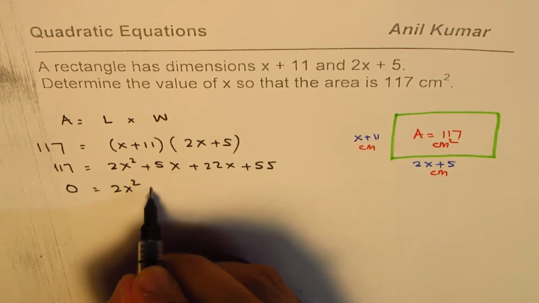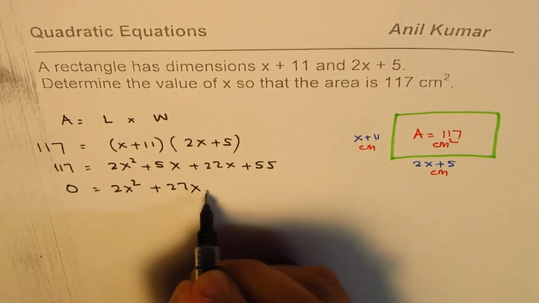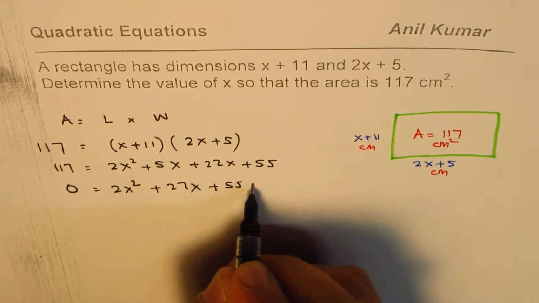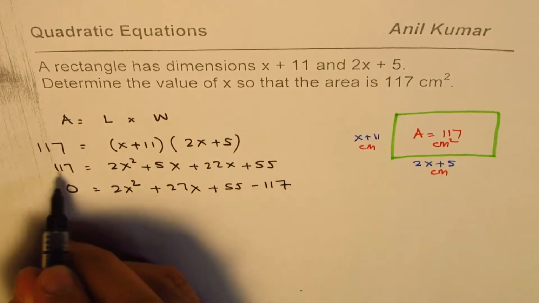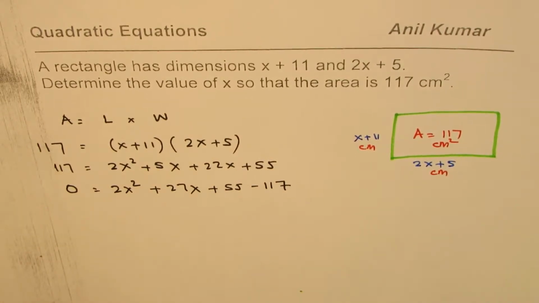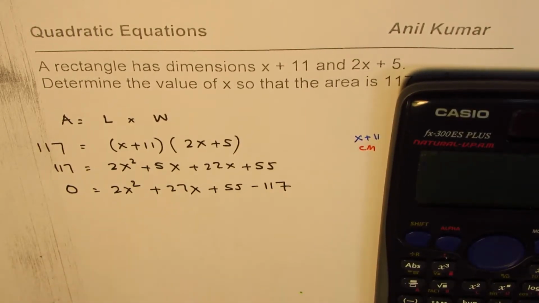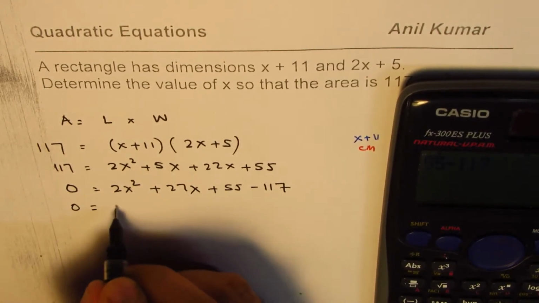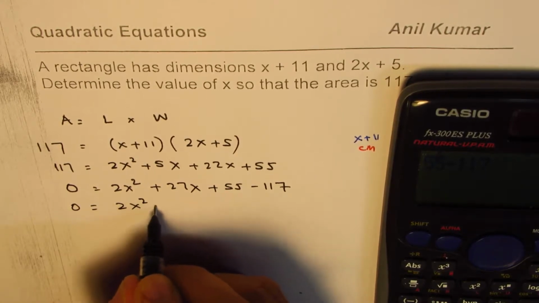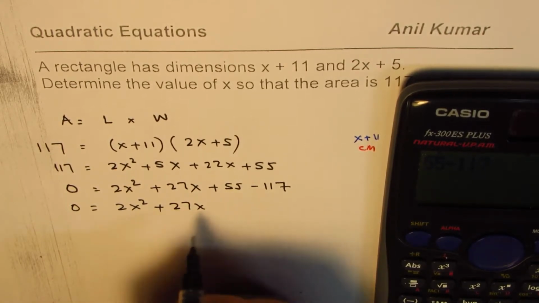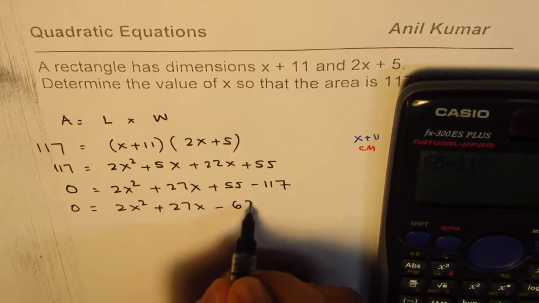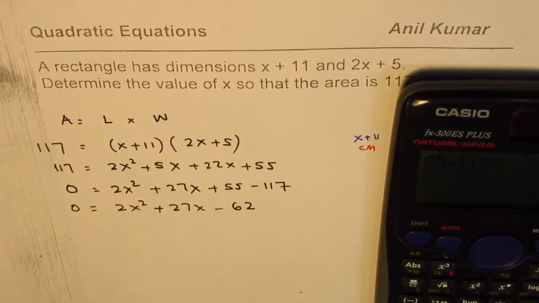Combining these two, we get plus 27x plus 55 minus 117. So we brought 117 to the right side. Now, we can combine these two, right? So we have 55 minus 117, that is minus 62. So I can write this as 2x squared plus 27x minus 62 equals 0.